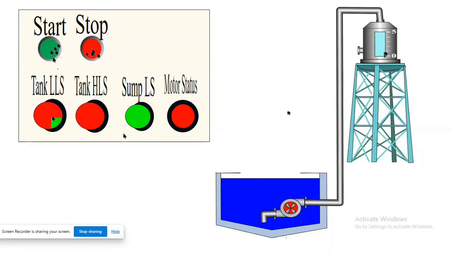Now I will turn on from the SCADA screen only. That's how we can control from the SCADA screen as well as the PLC physical control buttons. Anytime I can turn the system on irrespective of the sensor data.